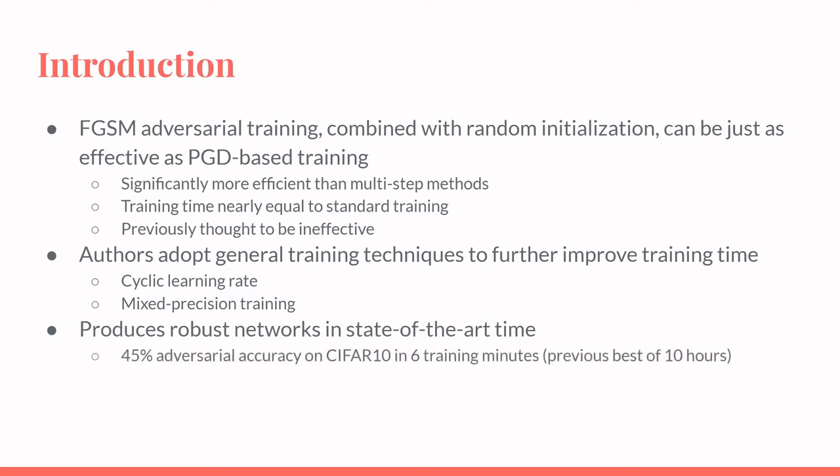Specifically, authors are able to produce 45% adversarial accuracy on CIFAR-10 in just 6 training minutes compared to the previous state-of-the-art of 10 hours. Similarly, authors are able to achieve a 43% adversarial accuracy on ImageNet in just 12 hours compared to the previous best of 50 hours.